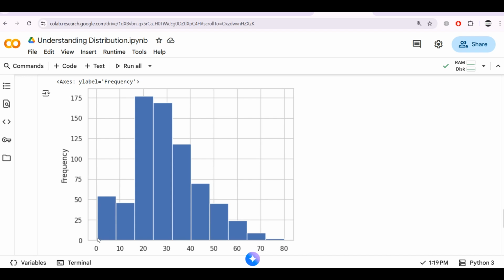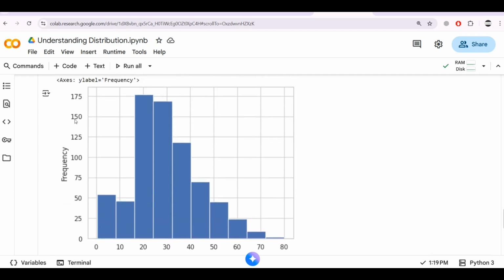And passengers who are in 0 group, there are 50 plus such passengers, like most of them are children. People in 20 bin, there are 175 people. 30 bin, there are close to 170 people. So most of the people are in 20, 30 and 40 bracket. Then we also have some other people who are old, 70 to 80 years old. So this is what it tells you.